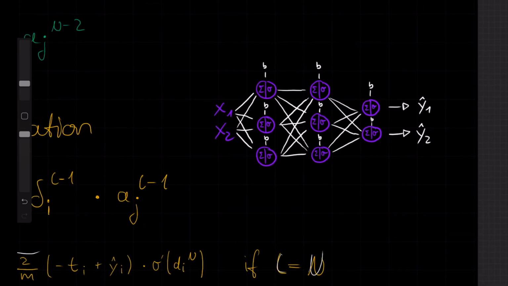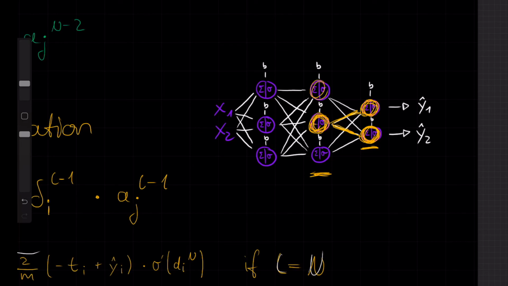So looking at the network here, in this layer here we calculate the error signals of the neurons with the loss function, and then for the n-1th layer, in this neuron here for example, we take the error signal of this neuron here, multiply it by the weight connecting the two neurons, and then we add the weighted error signal of this neuron here. And so this gives us then the error signal of this neuron.